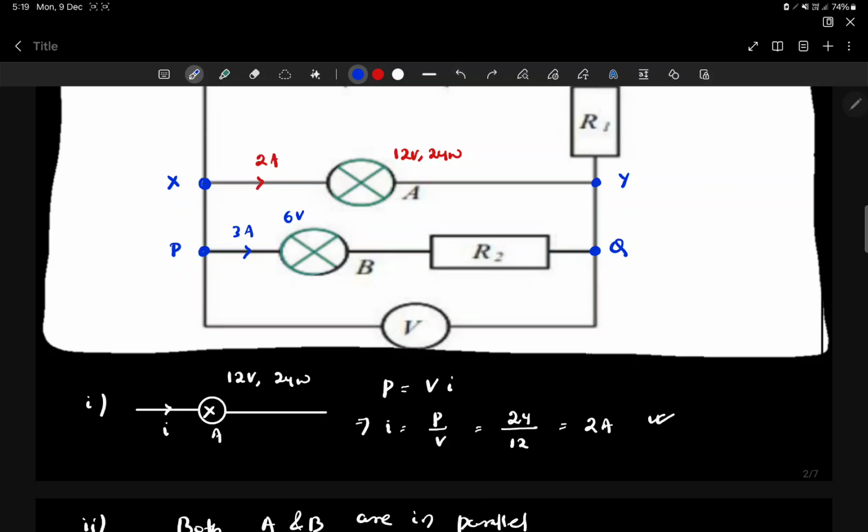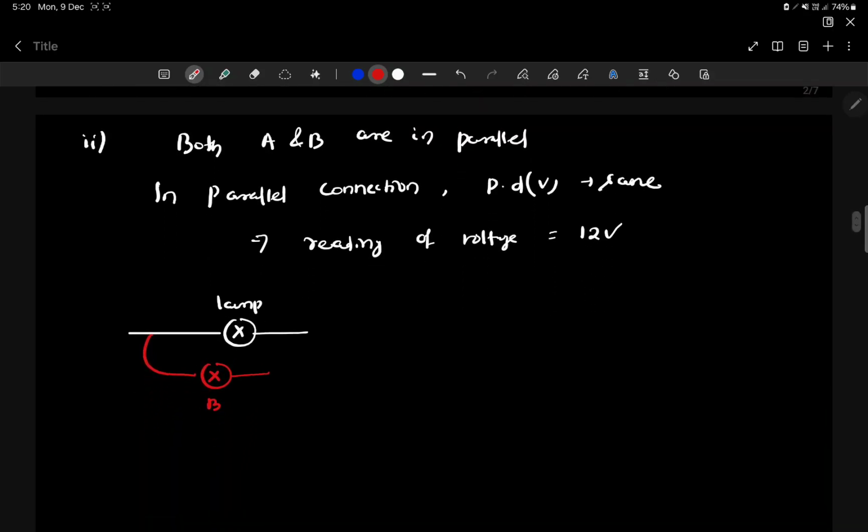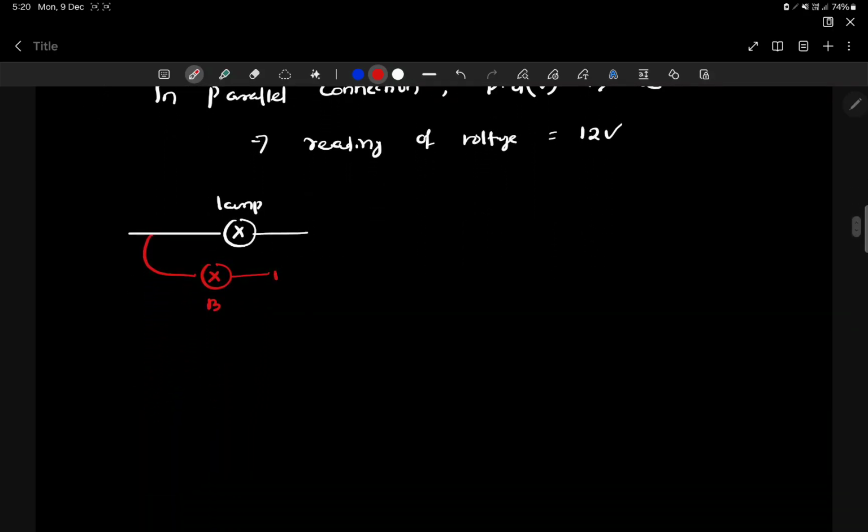Always remember, in this question diagram, don't think that lamp A and B are in parallel. This is your lamp A. Another combination is your lamp B along with R2.